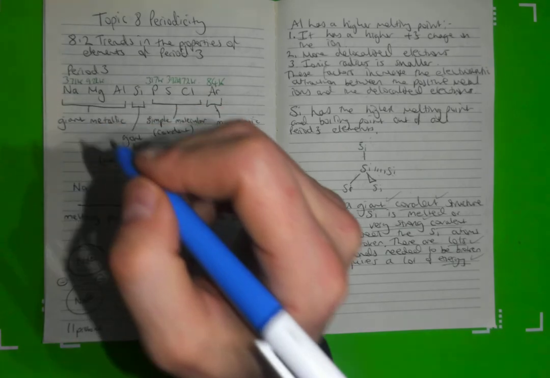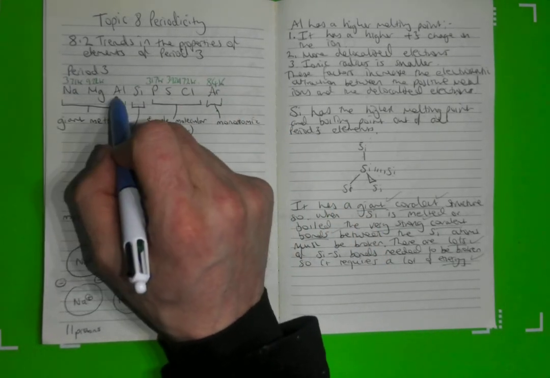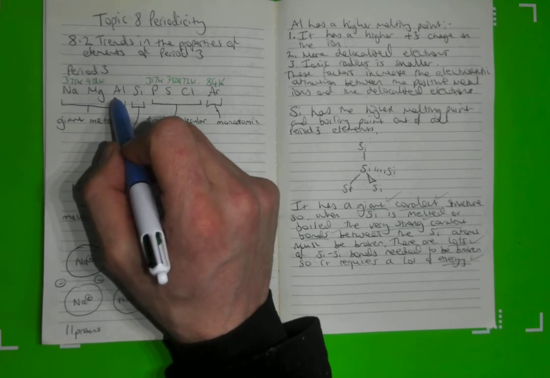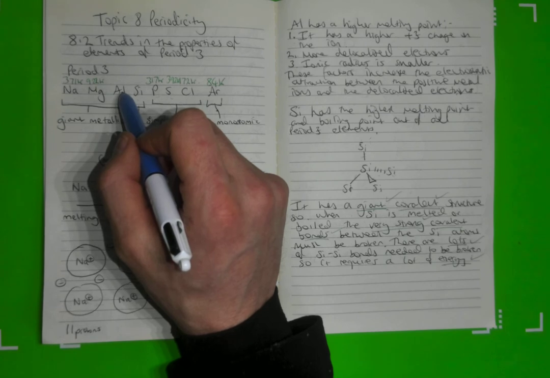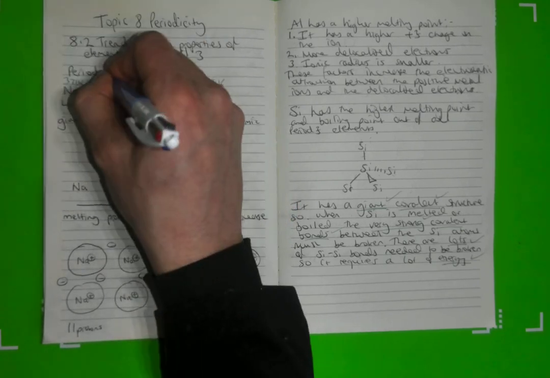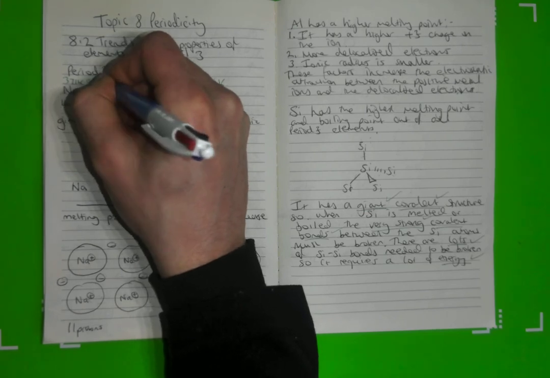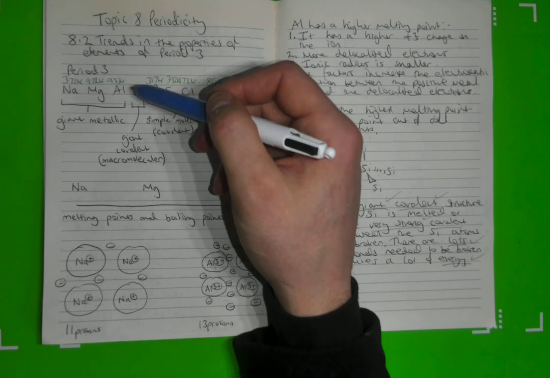You don't need to know these, but you do need to know the trend. And of course, aluminium, it's got a greater charge density, it's got a higher charge, smaller ionic radius, more delocalized electrons. It's going to be higher than this value, so that's 933 Kelvin. And then silicon's huge, it's 1683.